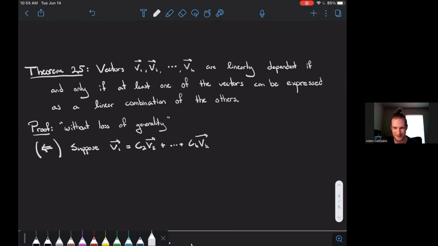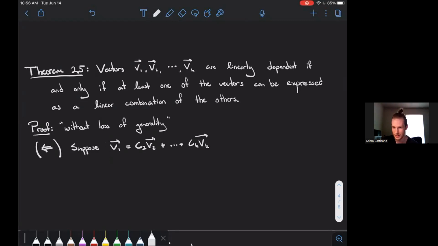Suppose that. Now, you might think that I'm cheating because it says at least one of the vectors can be expressed as a linear combination of the other ones. How do we know it's v1? Okay, that's a good question.